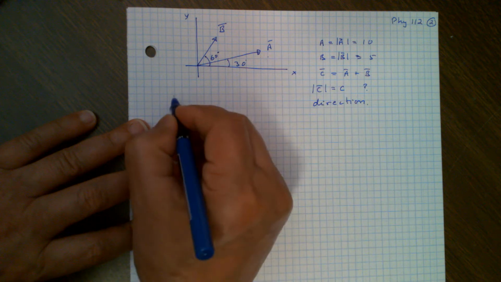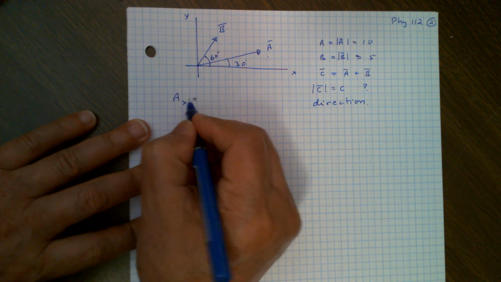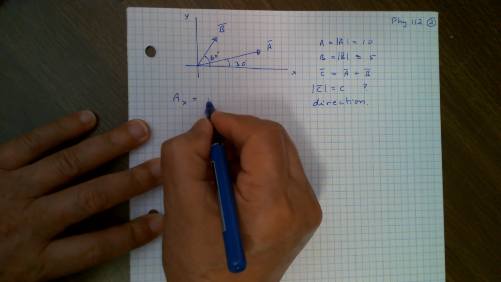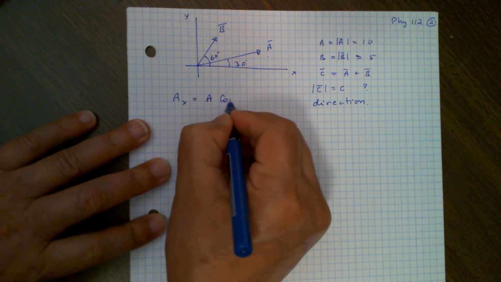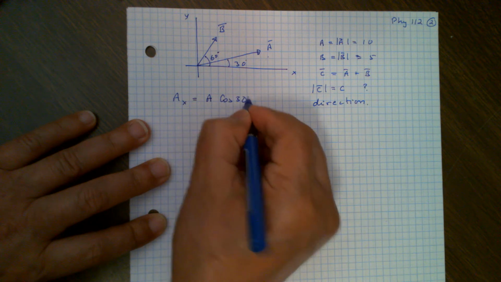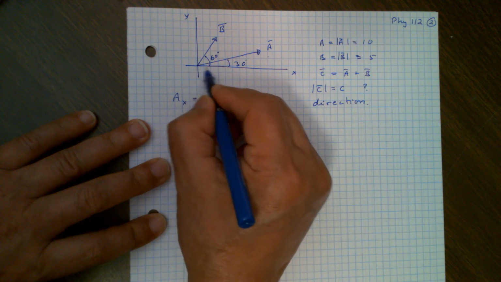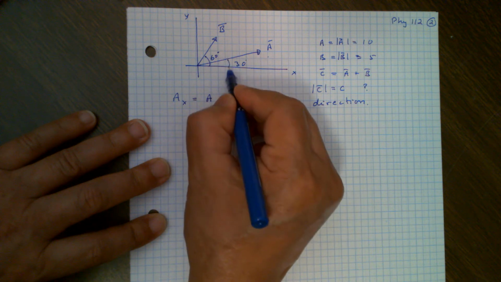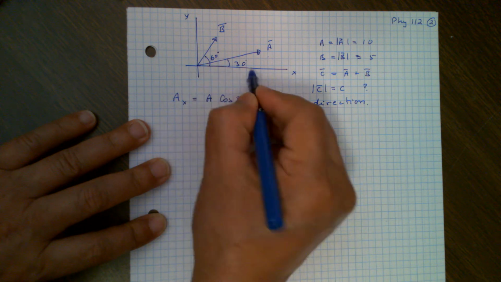So here the magnitude of vector AX will be the magnitude of A times cosine 30 degrees. Why cosine? Every time you want a component that is adjacent to the angle, on the side of the angle, it will be cosine.